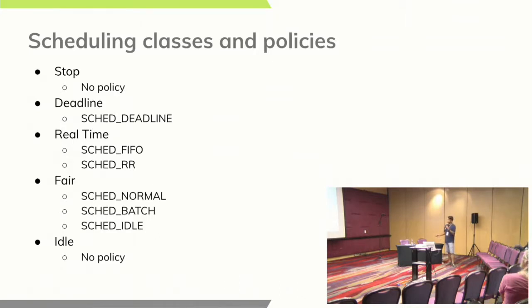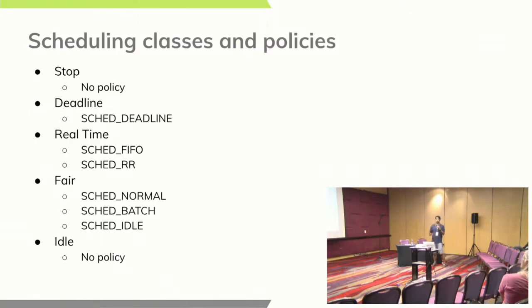Only these three in the middle are for running user programs. The last one, idle, is only used for CPU idle, to put a CPU in a deep idle state. And so no user task is queued to this particular scheduling class either. So both of them don't have any policy. They're just scheduling classes with one thread for each CPU, nothing else.